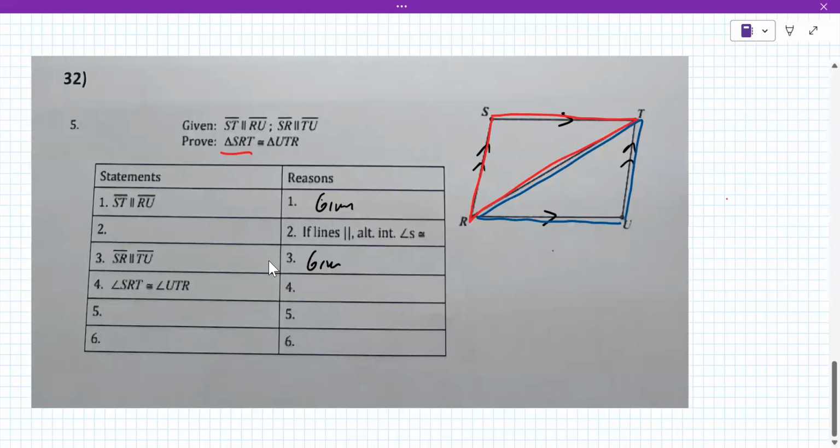And notice that down here, it says that angle SRT is congruent to UTR. So the reason for 2 here is the same for 4, but what we didn't want to do is give the same angles in 2 as are given in 4. So we want to show that the other angles are congruent.